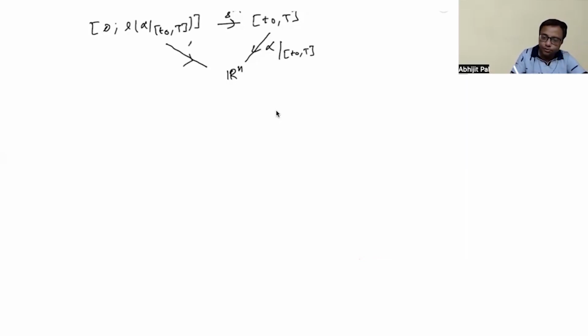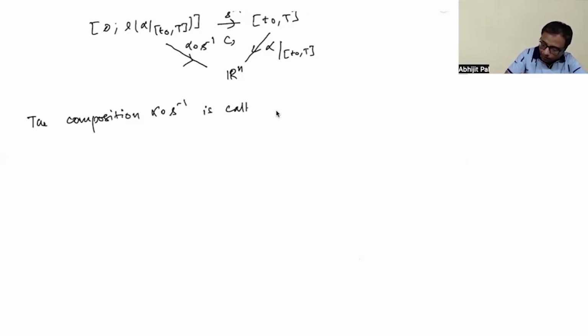So therefore, the composition alpha compose S inverse is a reparametrization of the curve alpha. And we call alpha compose S inverse the arc length reparametrization of this curve alpha.